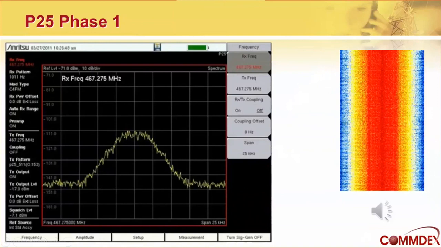It's a nice way of looking at spectrum versus time. It falls like a waterfall, the red colors being higher signal levels and the blue being lower signal levels. So you can see how this corresponds. The red corresponds to the peak, and it allows you to see spectrum versus time.